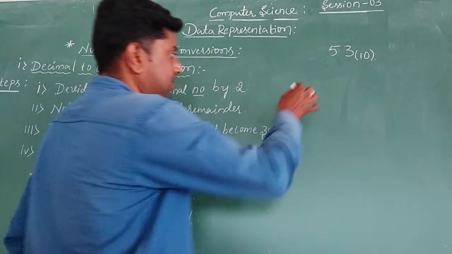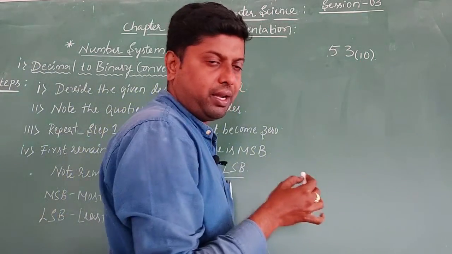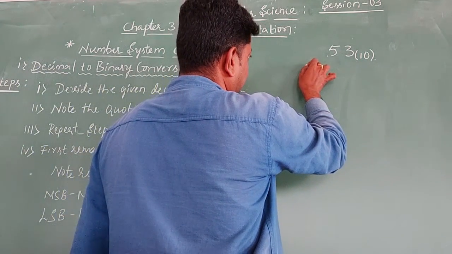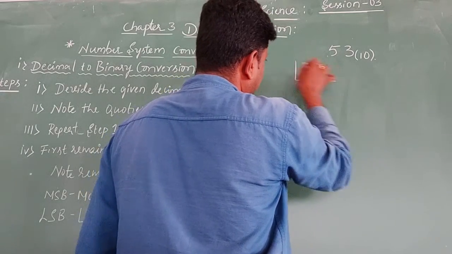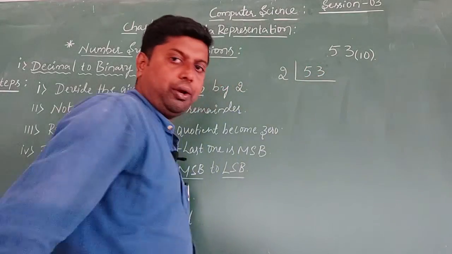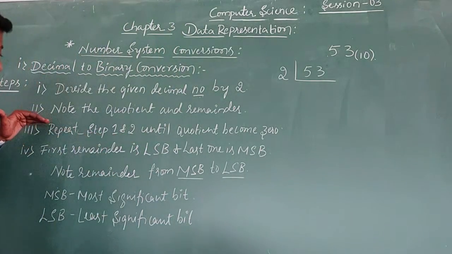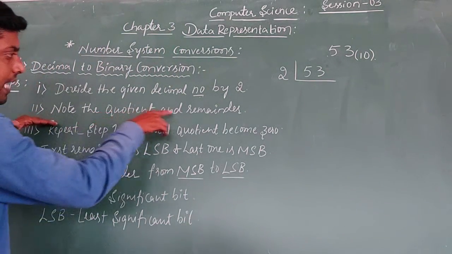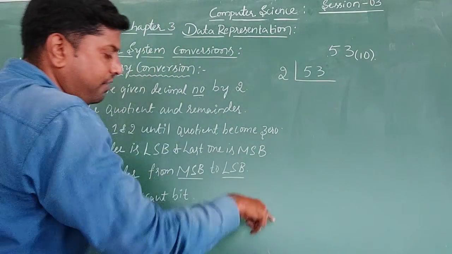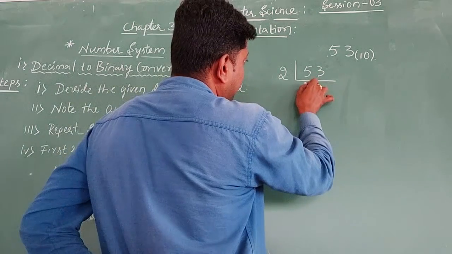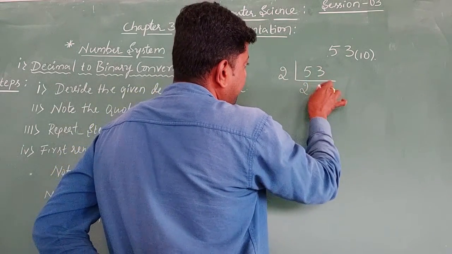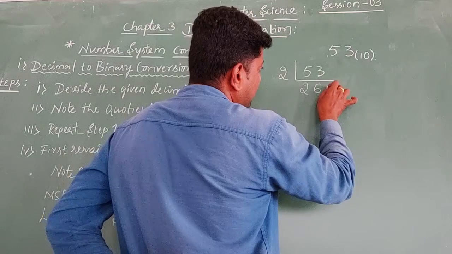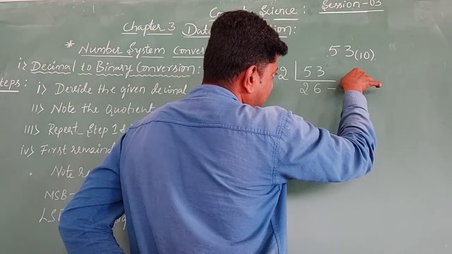Anyhow, this is a simple mathematical step you know from previous years. 53 divided by 2. Then what is step number 2? Note the quotient and the remainder. I will continue. 2 26s are 52, okay, 1 will be the remainder. 13, 2 6s are 12, so the remainder should be 1.